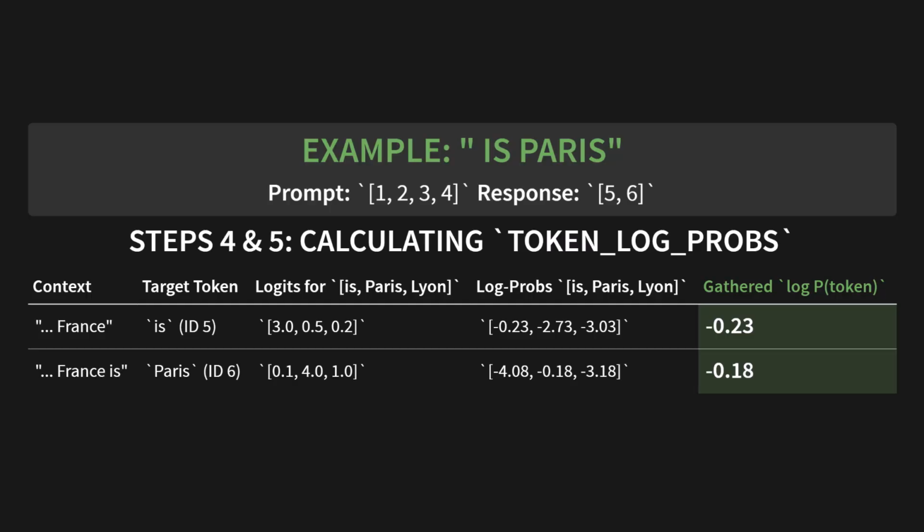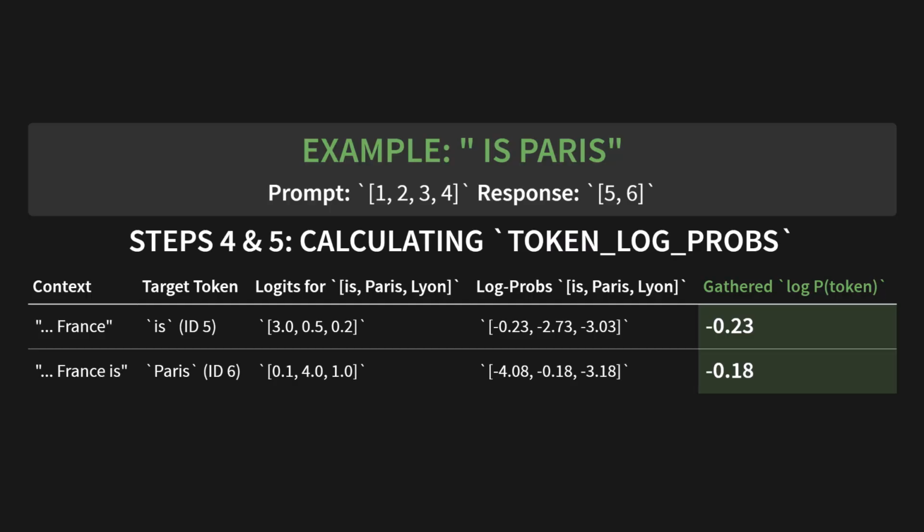For the first token "is", the context was "France". Let's say the model's logits for the words "is", "Paris", and "Lyon" were 3.0, 0.5, and 0.2. After we apply log softmax, those become our log probabilities. Negative 0.23, negative 2.73, and so on.